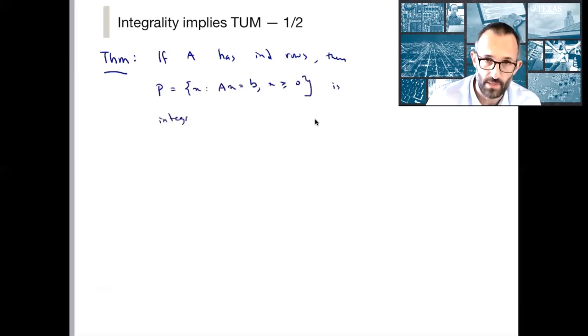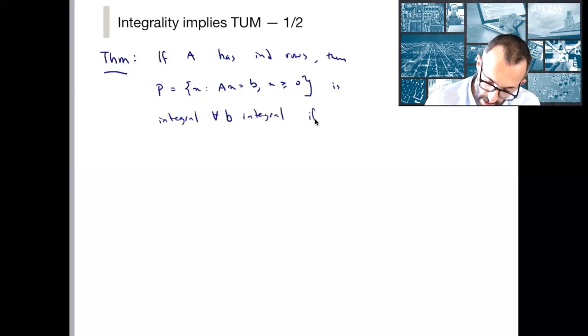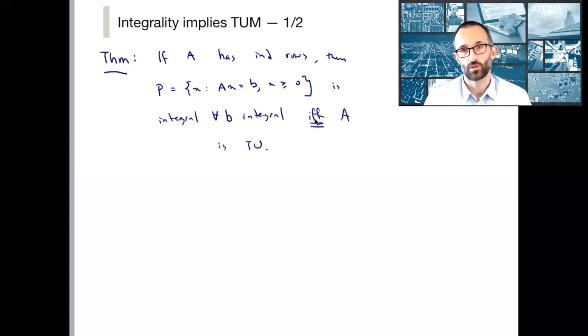When I say a polytope is integral, again, it means its extreme points are integral. Is integral for every vector b that's integral, if and only if A is totally unimodular.